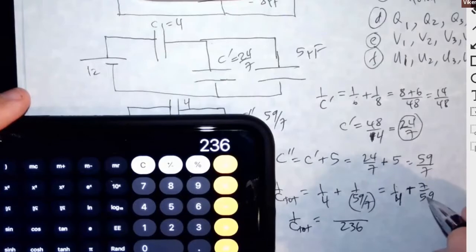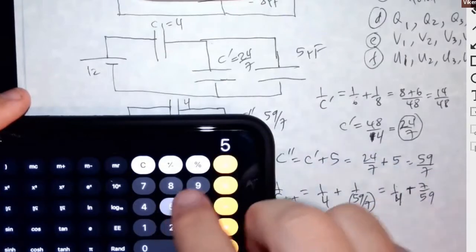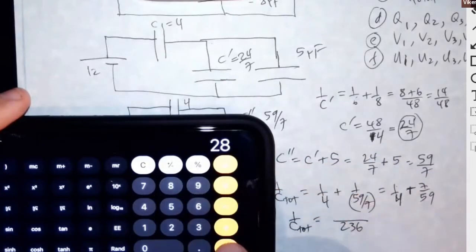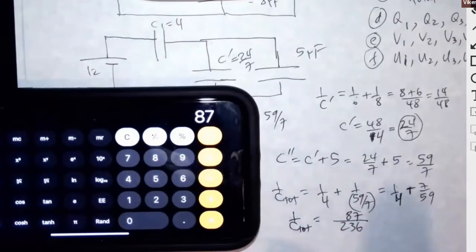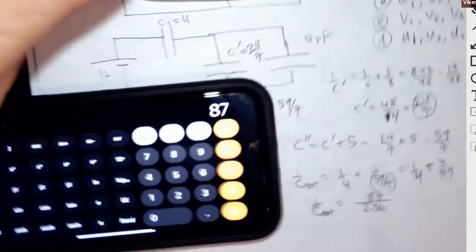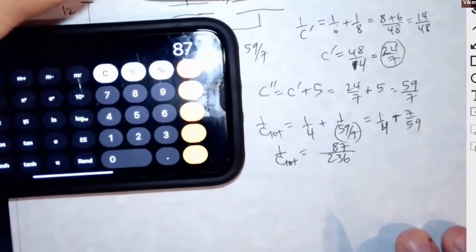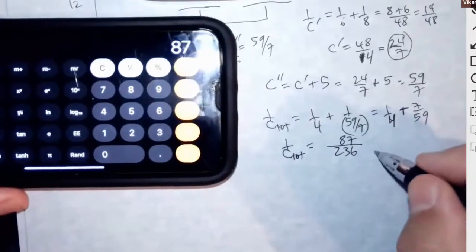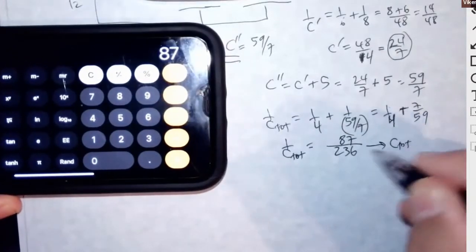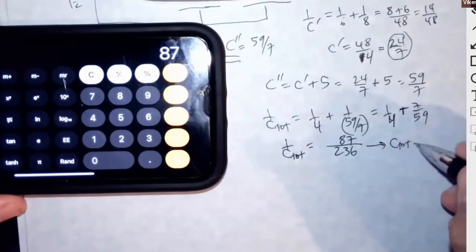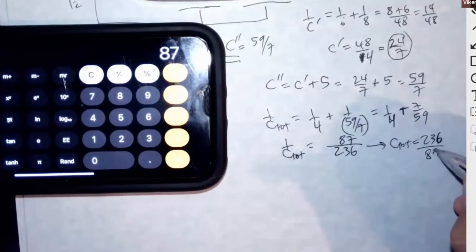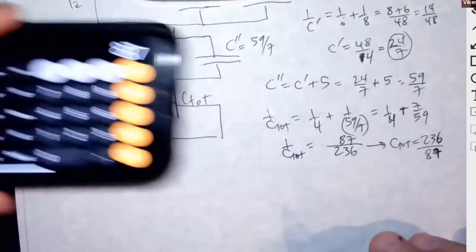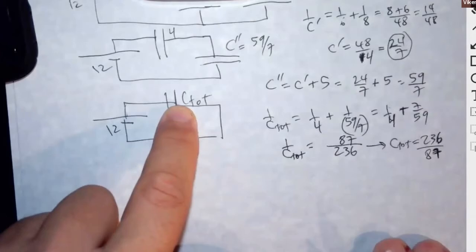And then on the top, you're going to get 59 plus 28, 87. And then reciprocating, now you're going to have C total is the reciprocal of this, which is 236 over 87. So some weird number, huh? Okay, so that's going to be that C total.